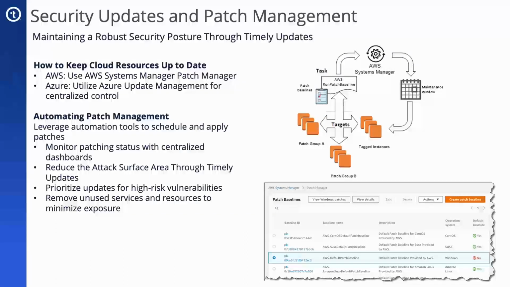Both AWS and Azure offer their own security update and patch management systems, chiefly AWS Systems Manager and Azure Update Management. Leveraging automation tools can be important as well to schedule and apply the patches. In addition to that, monitoring patching status is crucial to ensuring that all of the affected systems are updated in a timely manner.